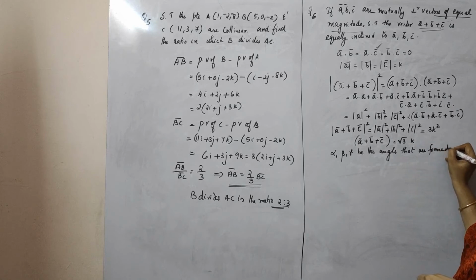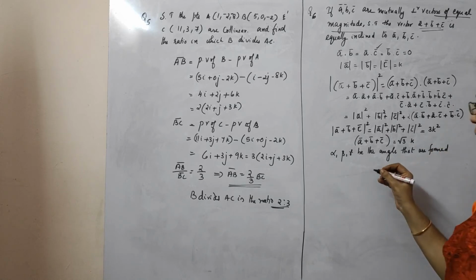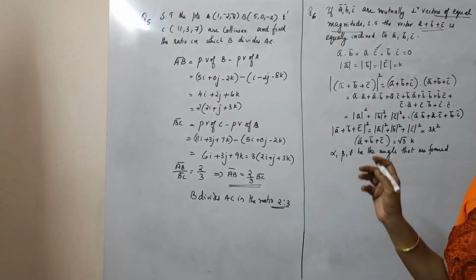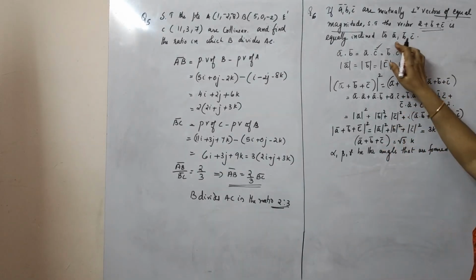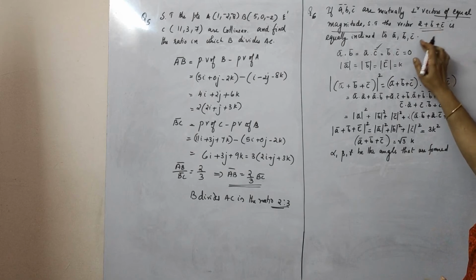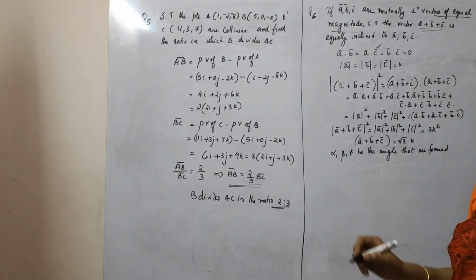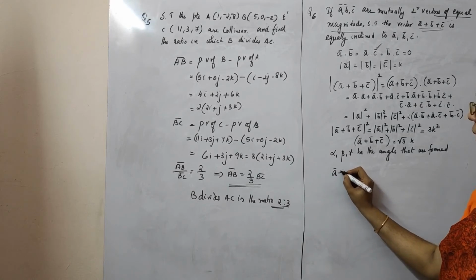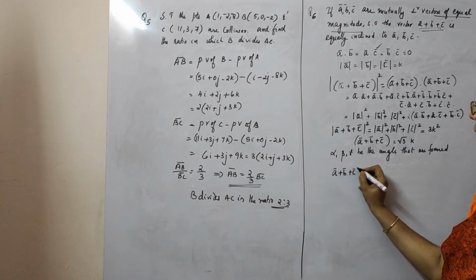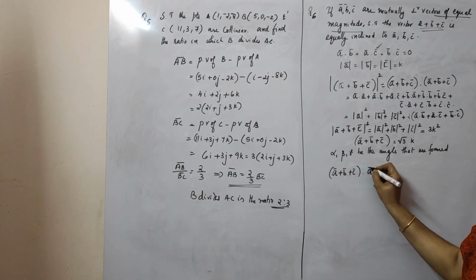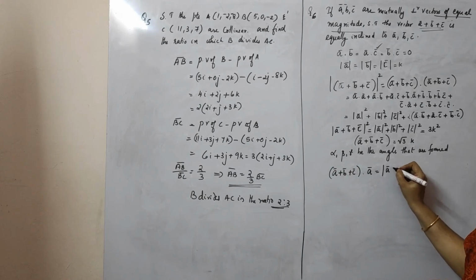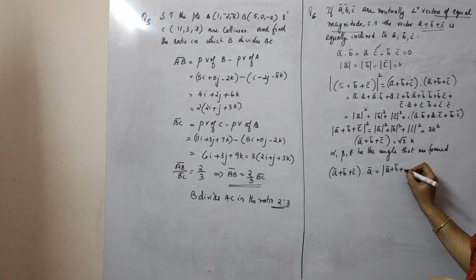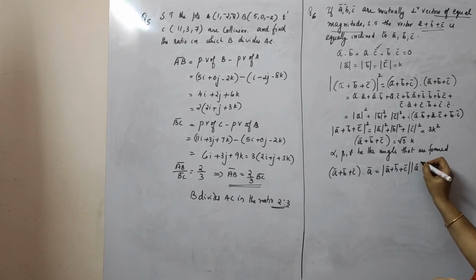So cos alpha, cos beta and cos gamma are the angles that this makes with the vector A, vector B and vector C. Now first one, vector A plus vector B plus vector C dot vector A is equal to what? Magnitude of vector A plus vector B plus vector C into magnitude of vector A into what? Cos alpha. Right? Cos alpha.